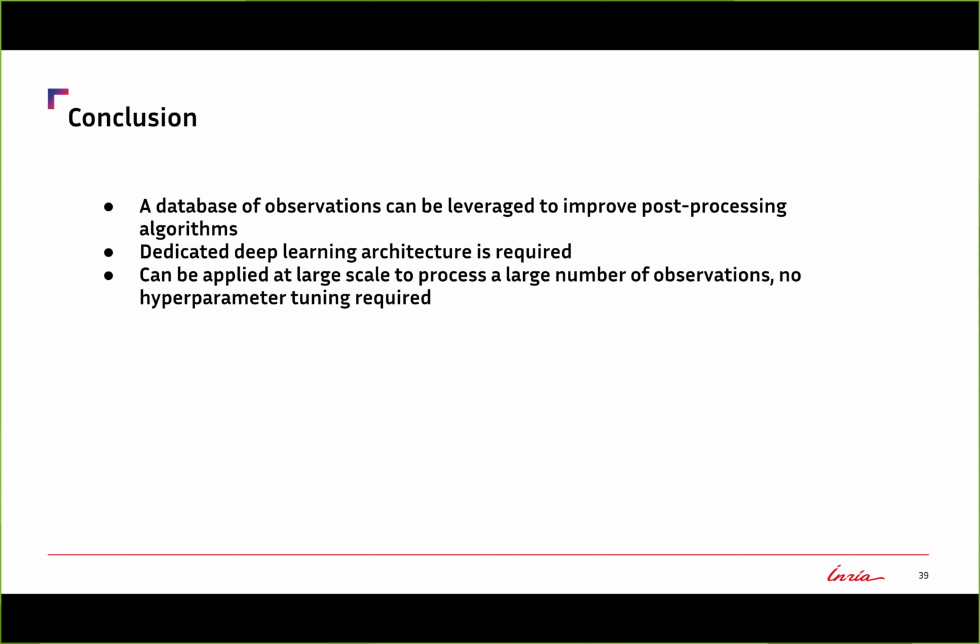And also, what's very nice with deep learning models, or at least with MODEL&CO and with ExoMind, is that you can apply them at scale, because there is no hyperparameter tuning for each observation. So you can just apply it on a lot of observations, and I think it's quite a nice property of this algorithm.